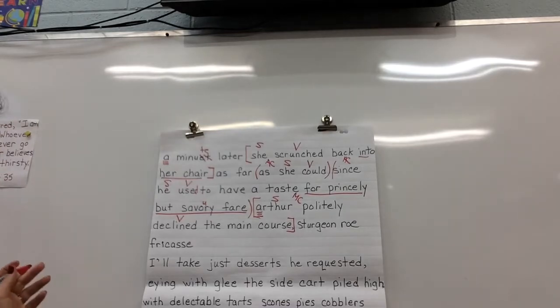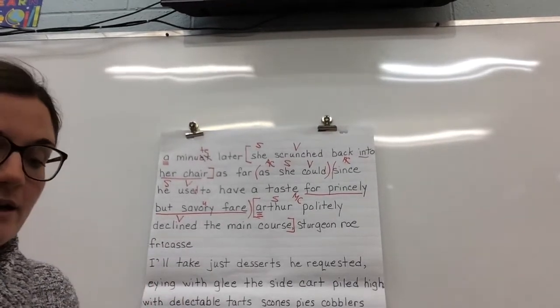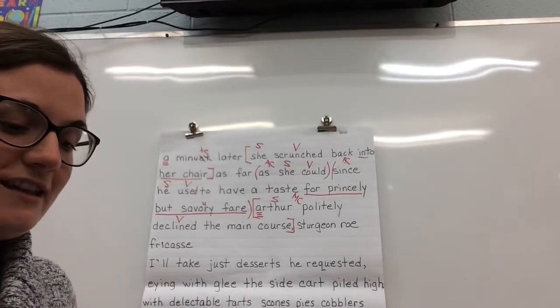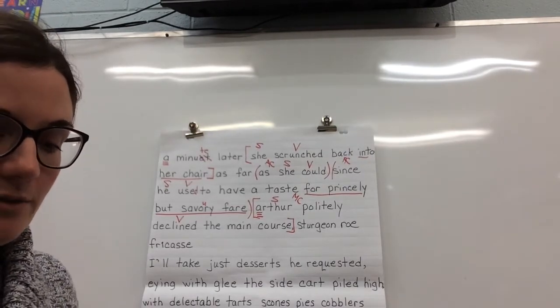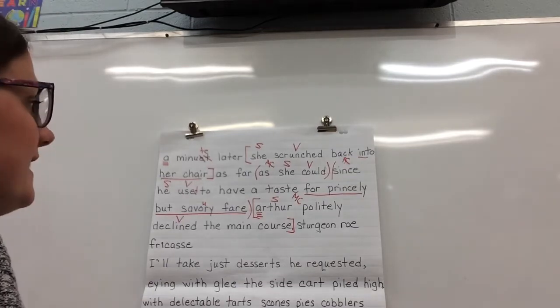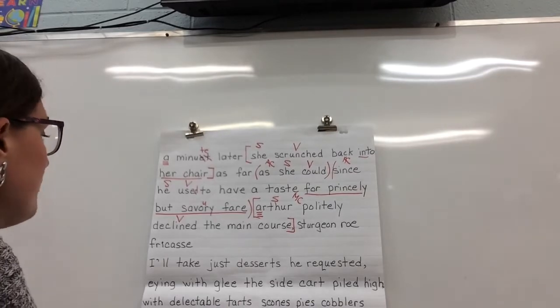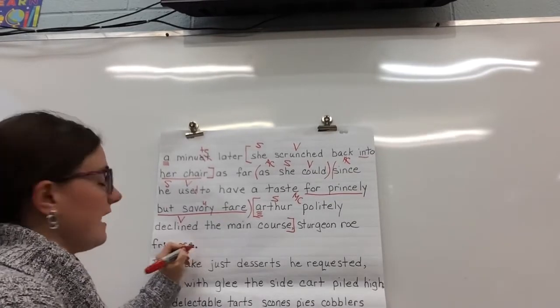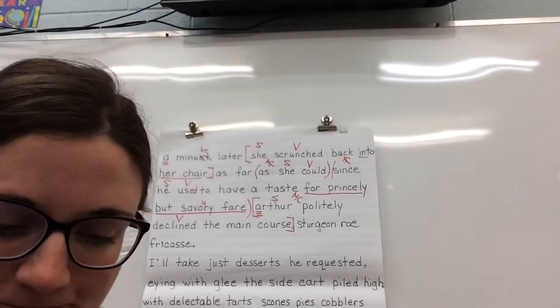Of sturgeon roe, this was a unique word that I was not as familiar with either. And so that's where fricassee, okay? Fricassee is the word. So sturgeon roe fricassee. And we're going to add a period there, okay?